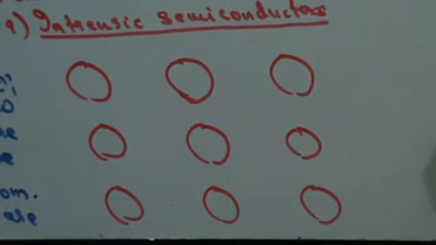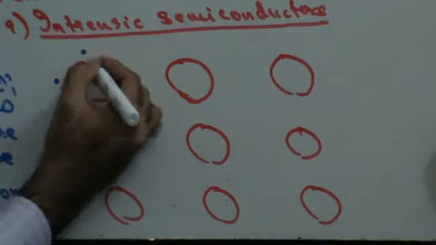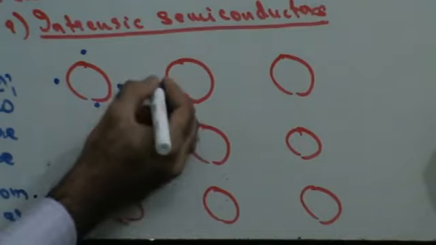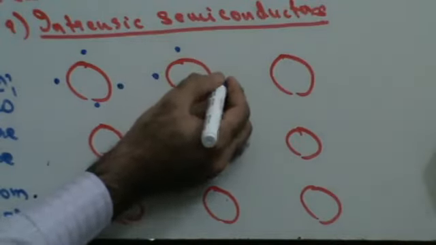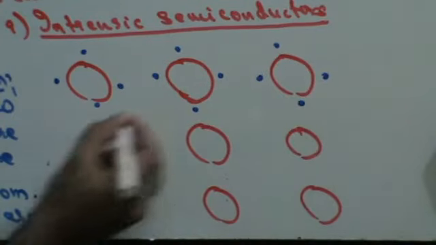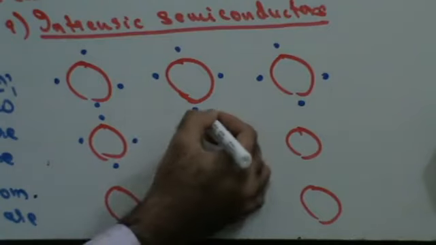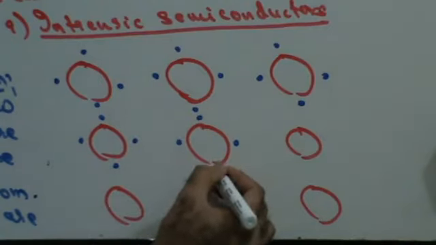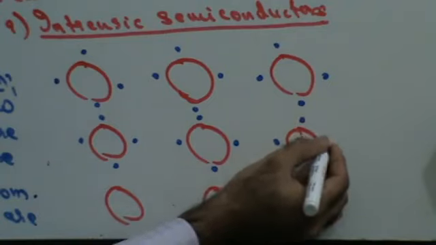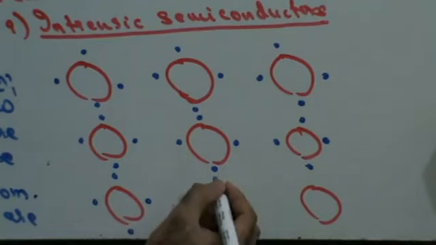Let's show the 4 electrons in blue, separately: 1, 2, 3, 4. Each germanium atom has 4 electrons.